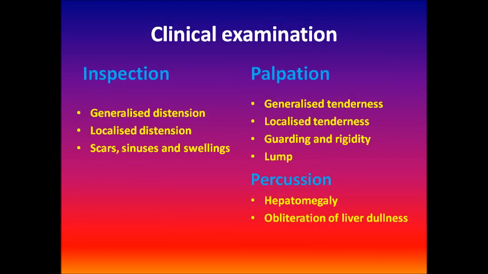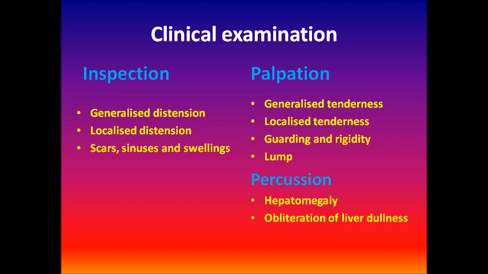Now comes the clinical examination, which has to be done systematically in a manner of inspection, palpation, percussion, and auscultation. During inspection, the abdominal distension is to be noted, whether it is localized or generalized. Localized distension indicates an inflammation in that localized area, while generalized distension shows a distension due to generalized infection.